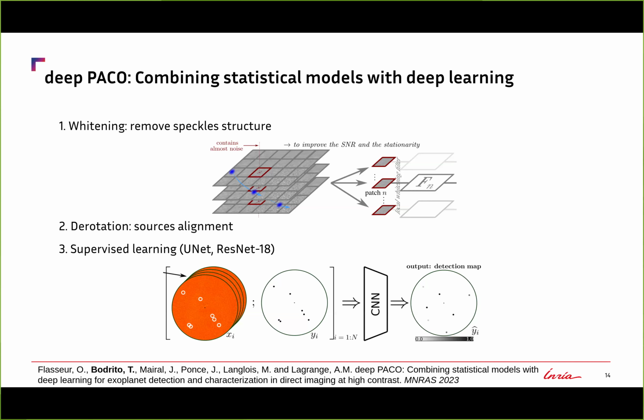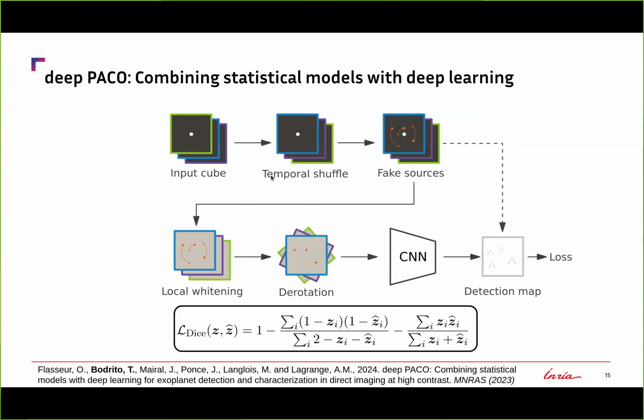You're welcome. Okay, so once we have whitened the data, we feed it to a neural network, but we need to train this neural network. So to do that, we inject fake exoplanets in the data, and we train the neural network to retrieve these faint exoplanets. But there is a small detail with this process: you're not sure if there is an exoplanet or not in the data, because maybe there is an exoplanet but it's too faint to be known by other methods.